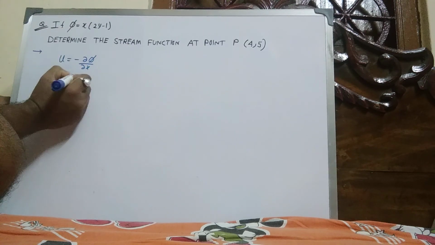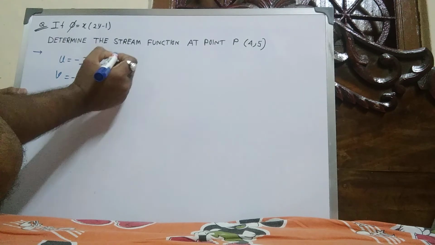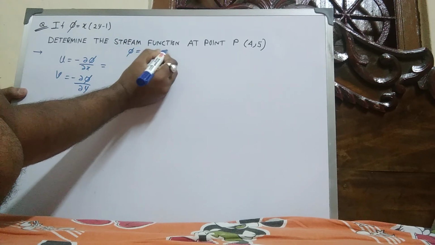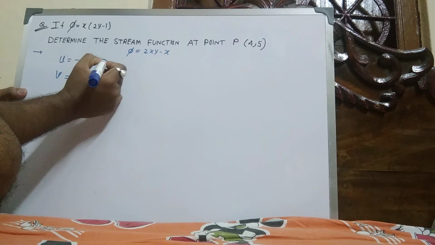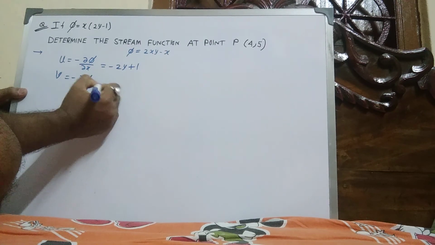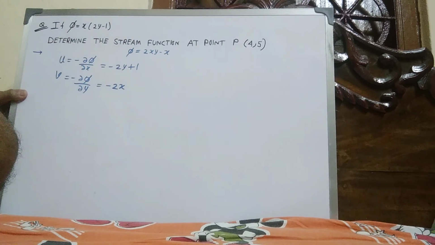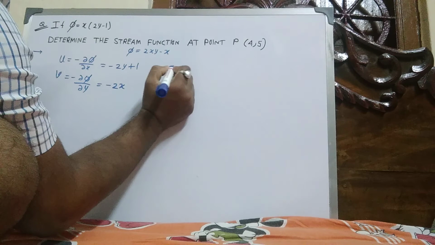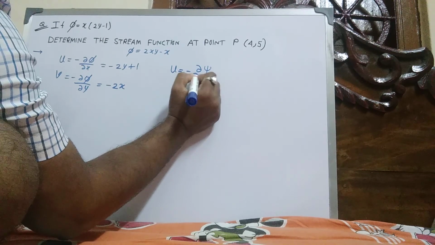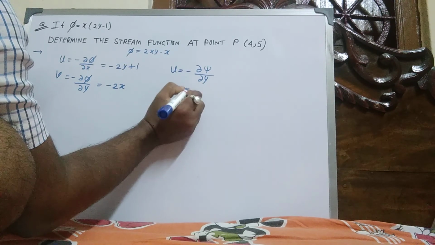Now psi equals 2xy minus x, d psi by dx equals 2y minus... plus 1, d psi by dy equals minus 2x. Okay, now we know u equals d psi by dy.